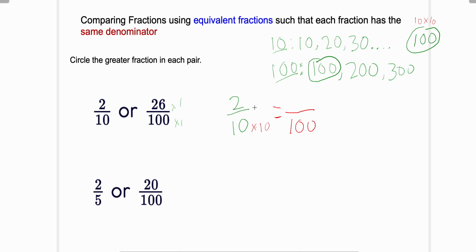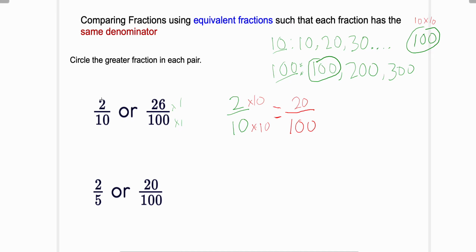Whatever I do in my denominator, I also have to do to my numerator. So this one is also times 10. So 2 times 10 is 20 hundredths.